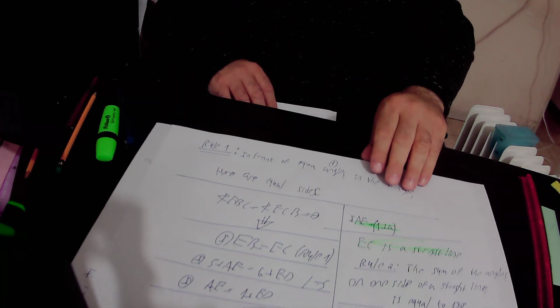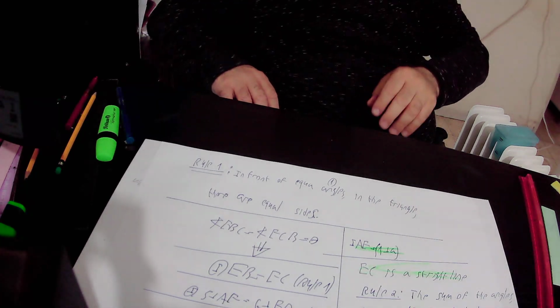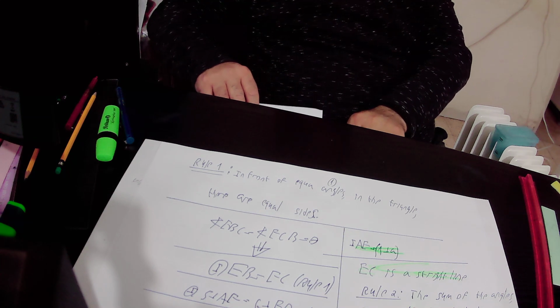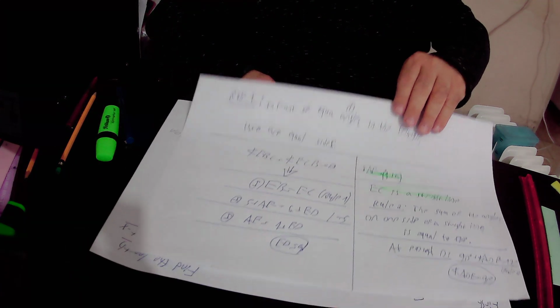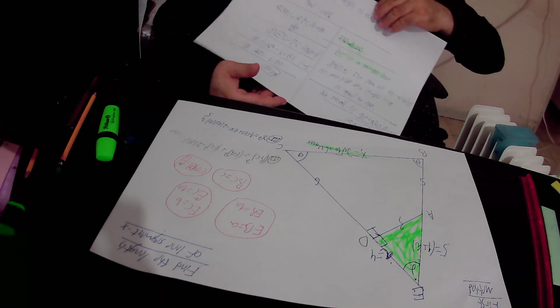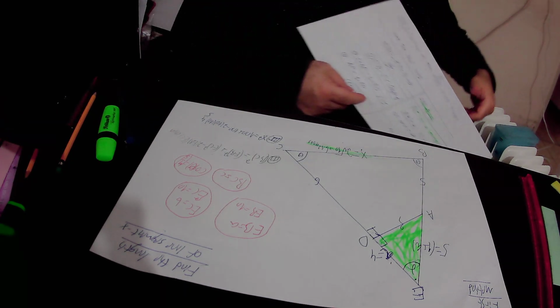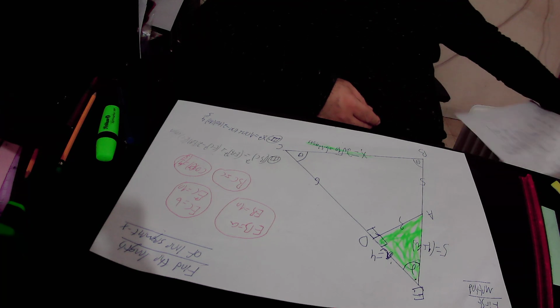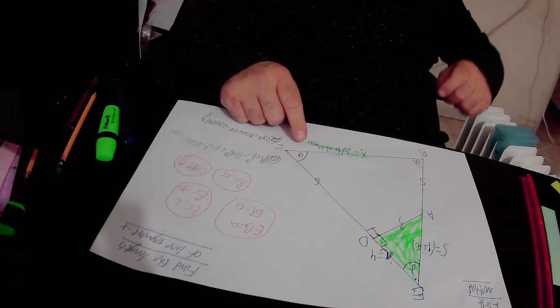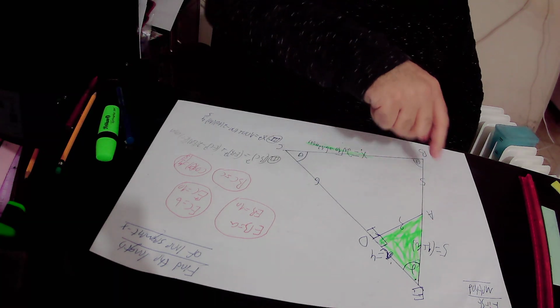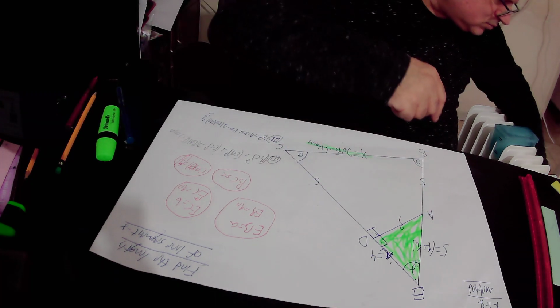According to rule number 1, in front of equal angles in the triangle, there are equal sides. That is to say, if you relate to a triangle, in front of those two equal angles, there are equal sides. That is to say, EB equals to EC, according to rule number 1.